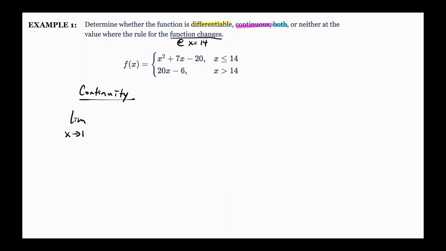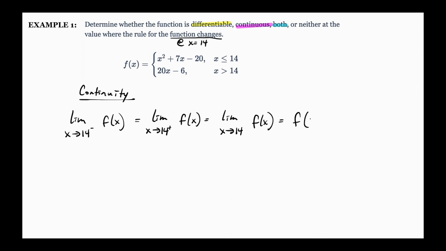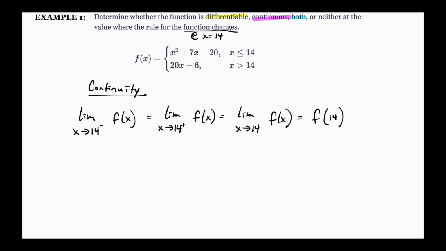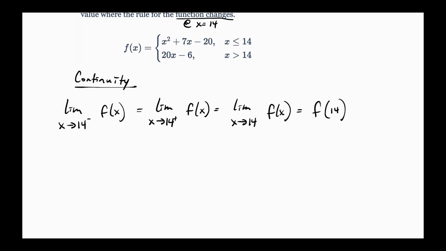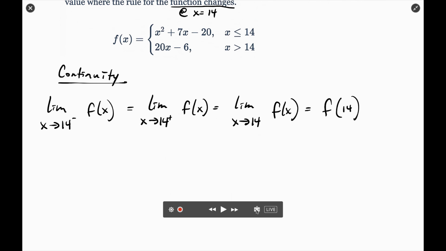The limit as x approaches 14 from the left for f of x has to be equal to the limit as x approaches 14 from the right, which is equal to the overall limit. And then I have to check f of 14. Okay, those are the things I have to check. So I have to get answers for each of these.